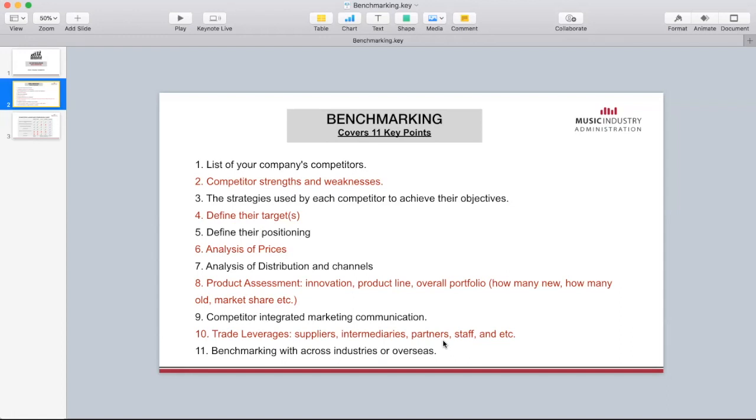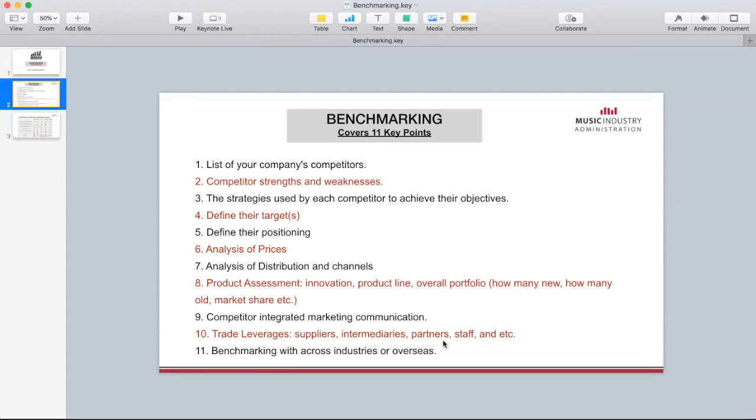So benchmarking is very important to do in your industry, but you can also do it across other industries to learn from them. So you are in the motorcycle industry, but you could also look at the transportation industry, the engineering industry, the car industry, or other industries that may have some common ground.